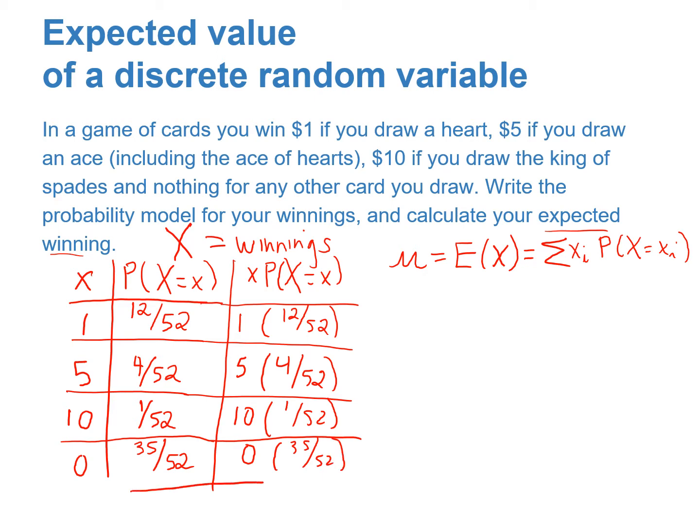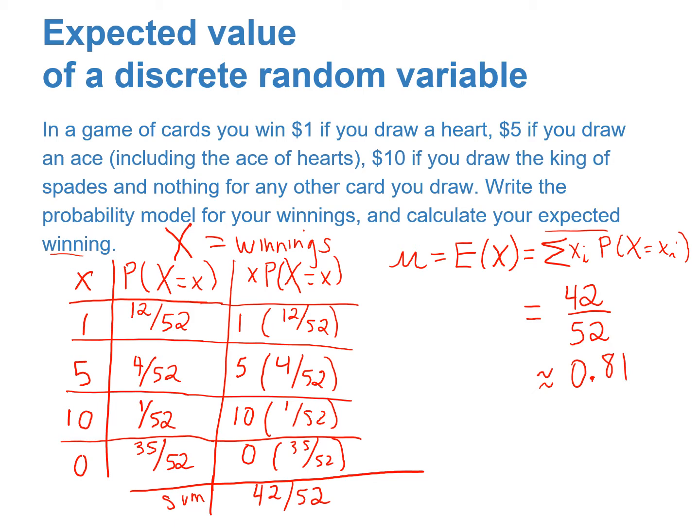If I add those all up, it gives me 42 over 52. And so my mean, or my expected value of X, is 42 over 52, which is approximately equal to 0.81.